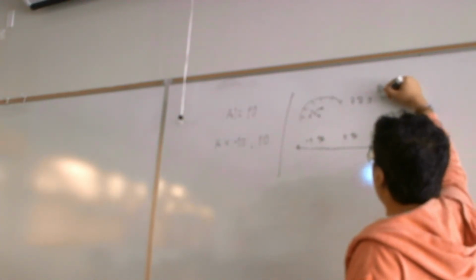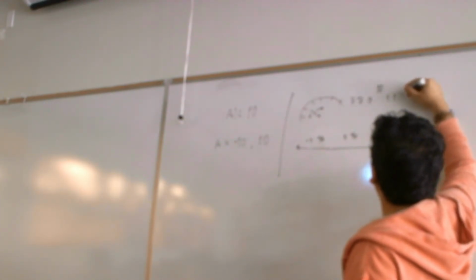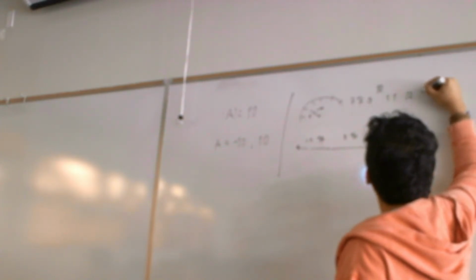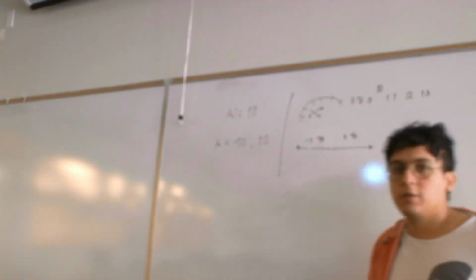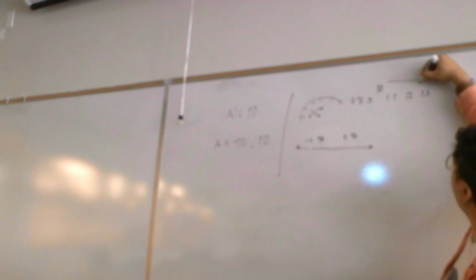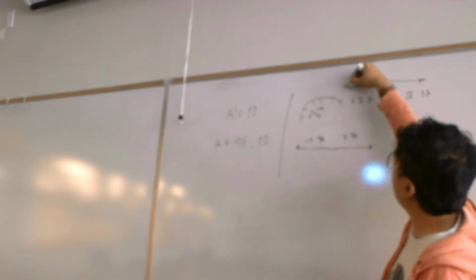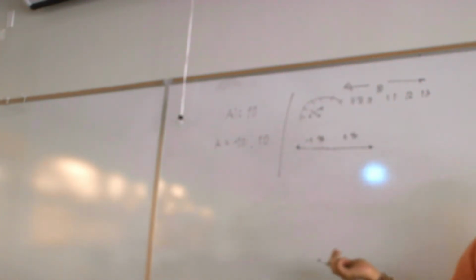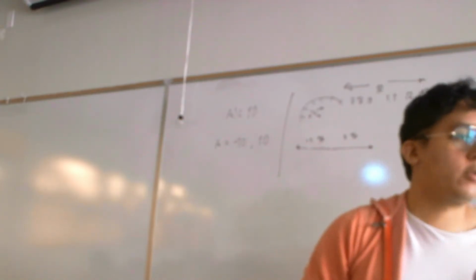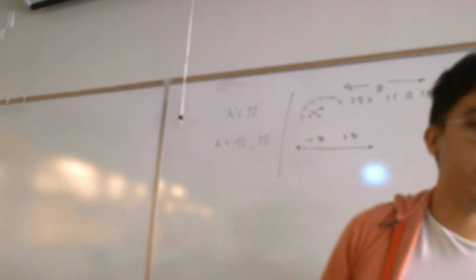If my velocity is positive, it's going to 11, 12, 13. In the positive sense I go one way, in the negative sense I go the other way. So that's simple math, simple physics per se. Keep that in mind when we're developing a machine.